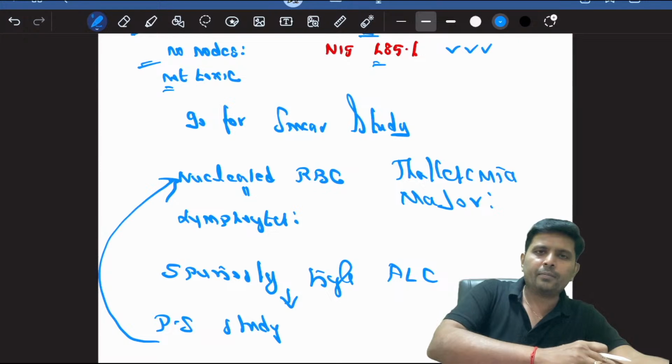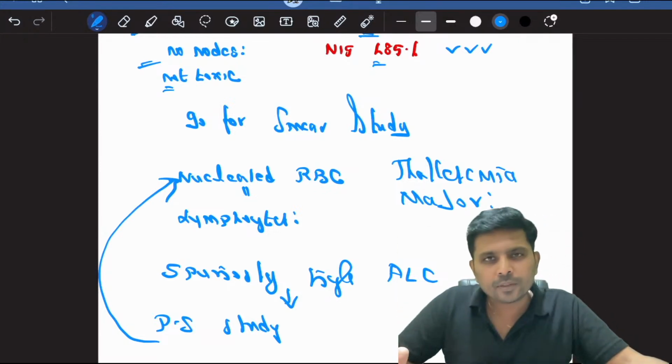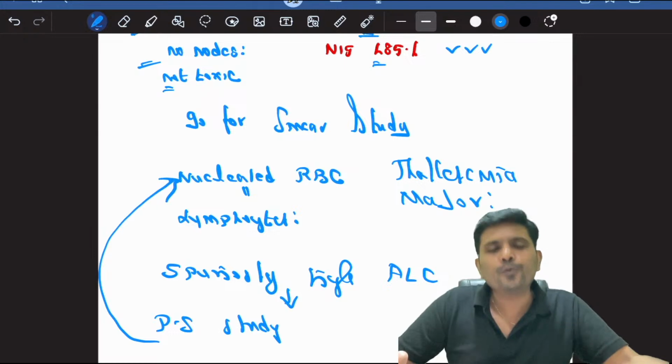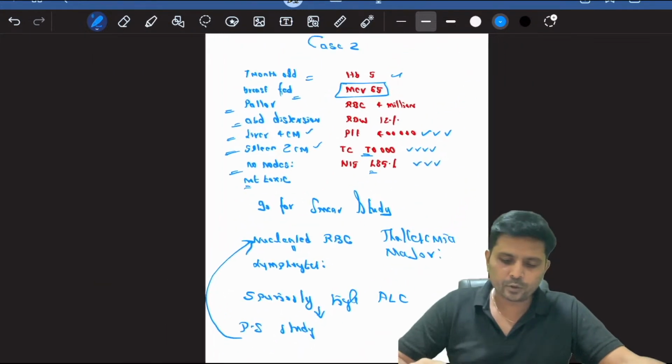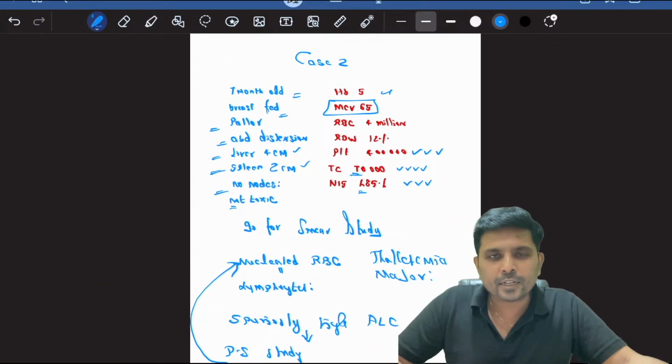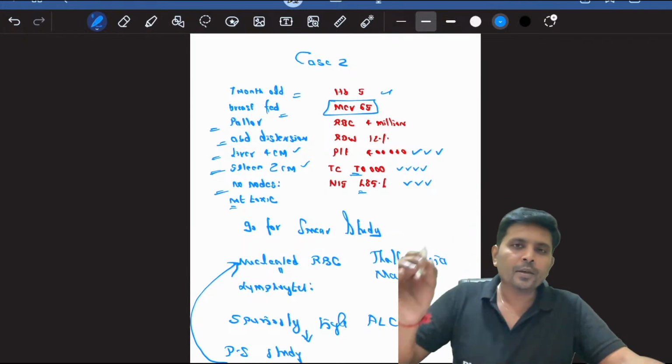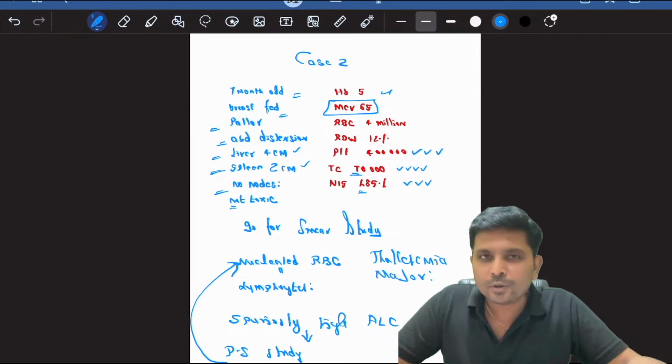Because nucleated RBCs are pushed out from the bone marrow, as a result of which you will get a spuriously high absolute lymphocyte count. So what is case 2? Thalassemia major. What is the carry home message? Spuriously high lymphocyte count. What should you do? You do a peripheral smear study to look for blasts or to look for nucleated RBCs. Nucleated RBCs will be counted as lymphocytes by automated hemogram.